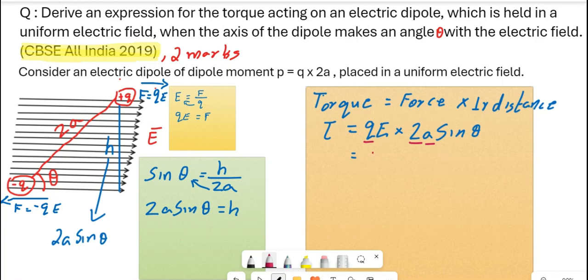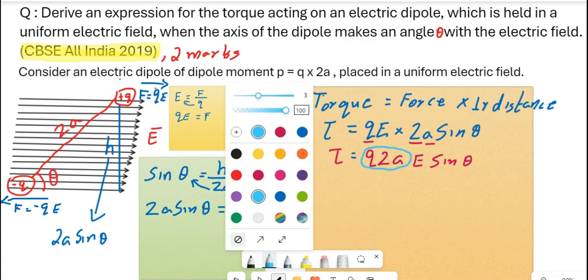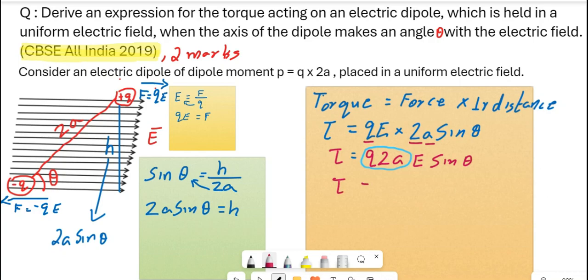You studied that the electric dipole moment P is equal to Q2A. So we have Q2A E sin theta, and we are going to replace Q2A with the electric dipole moment P. So the final expression for torque produced is torque equals PE sin theta.